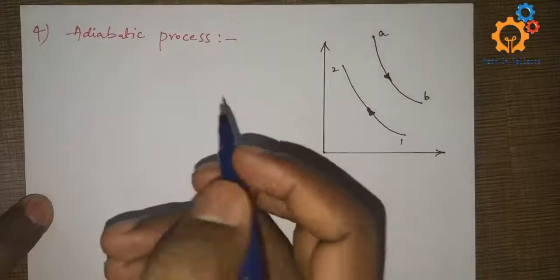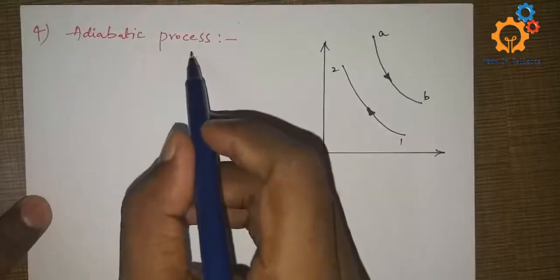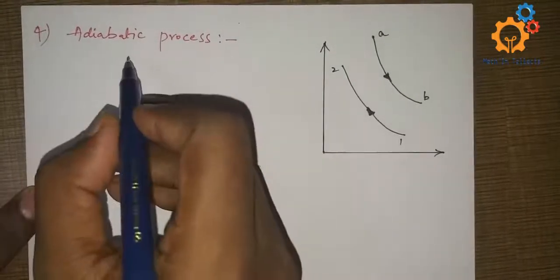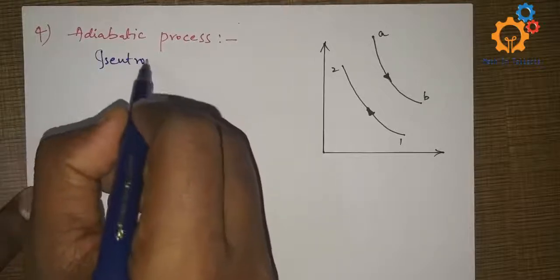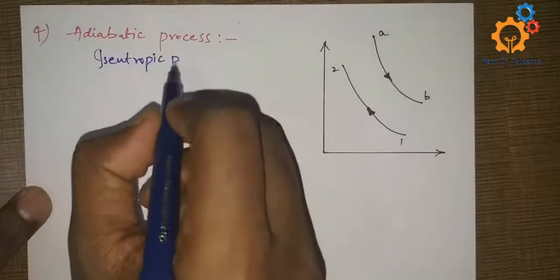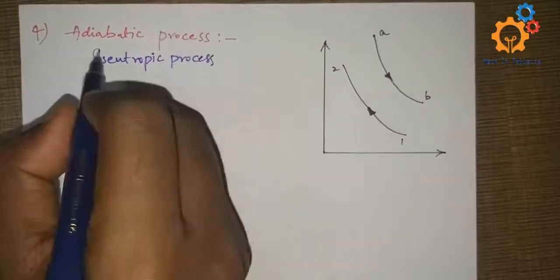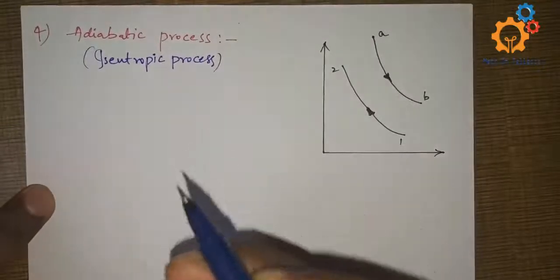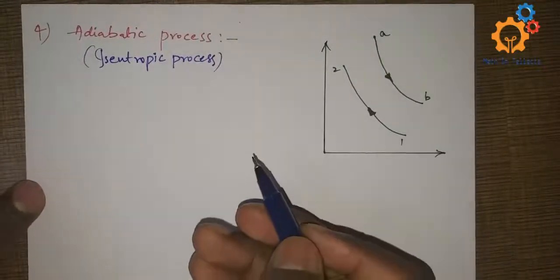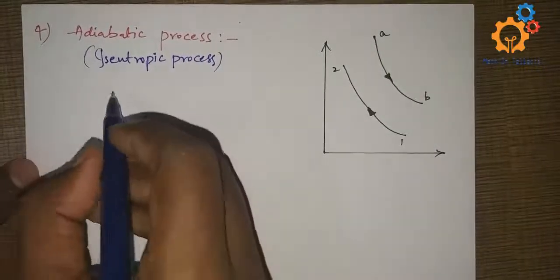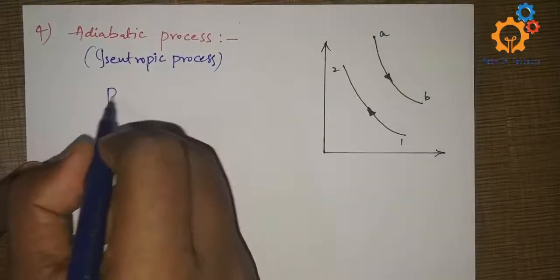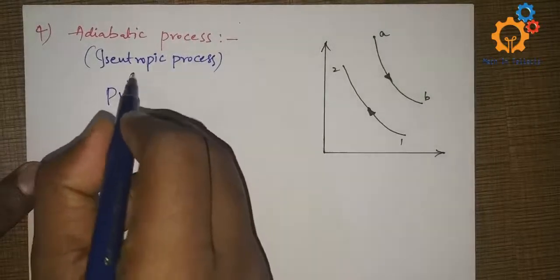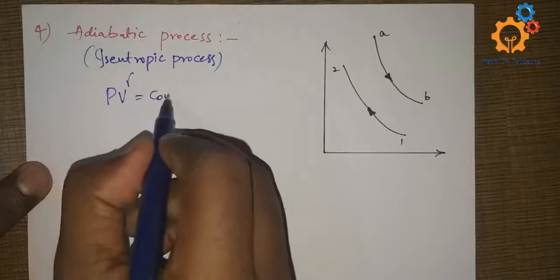Now the next process is the adiabatic process. This process is also known as the isentropic process, and the ideal gas condition for this adiabatic process is PV^gamma is equal to constant.